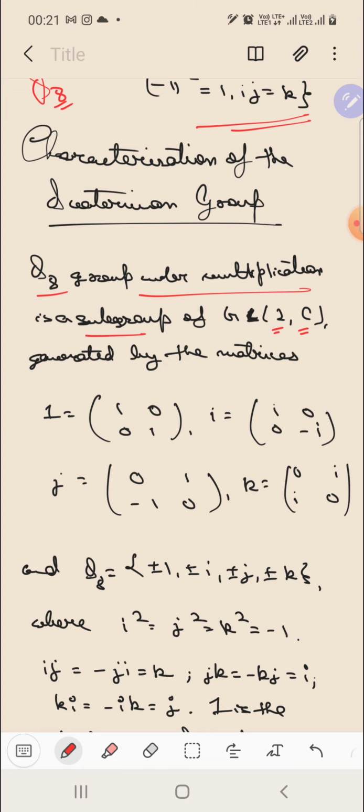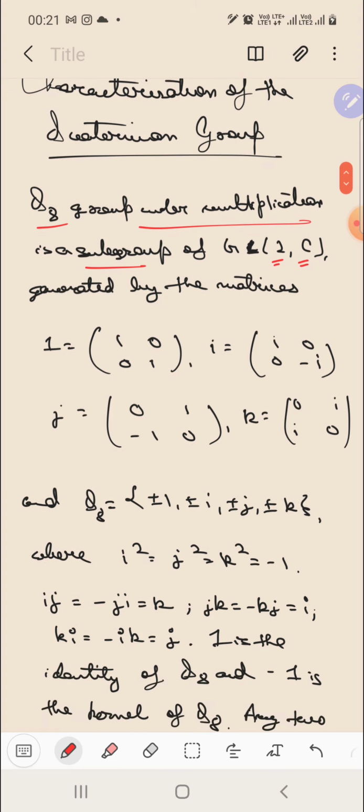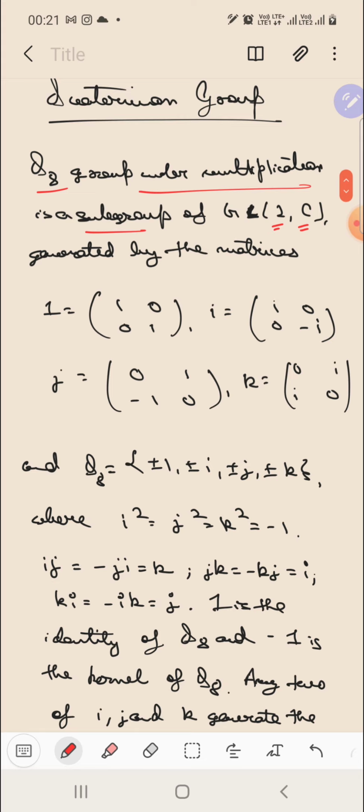Clear? Rather, you can say that their determinant is actually 1. This subgroup has the determinant of each of these matrices as 1.